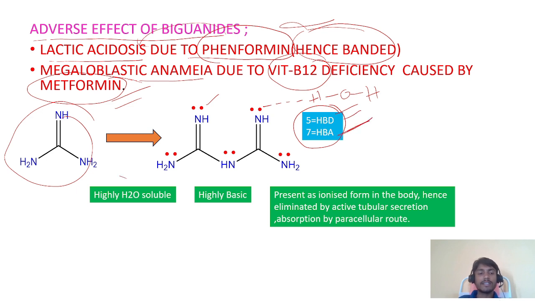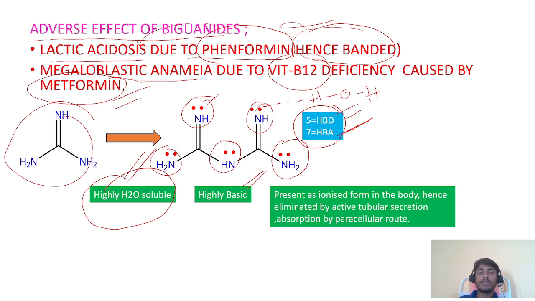Because of this, it is highly water soluble. Biguanides are highly water soluble due to the amine functional group. They are highly basic due to the presence of a large number of nitrogen atoms, so they are present in ionized form. They are always ionized in the body, hence eliminated by active tubular secretion. Absorption is by the paracellular route.